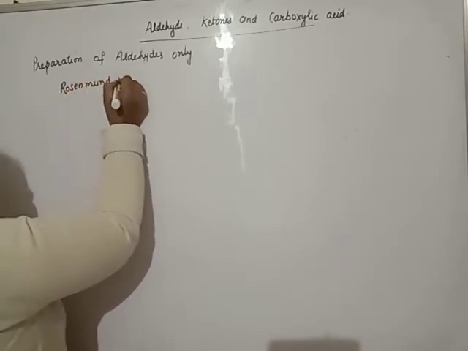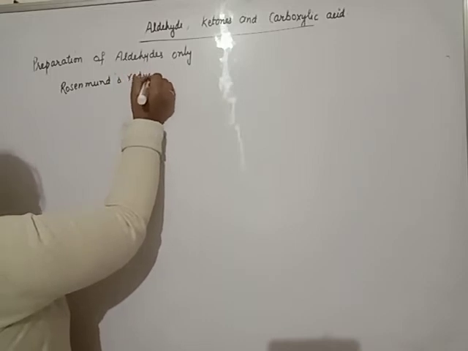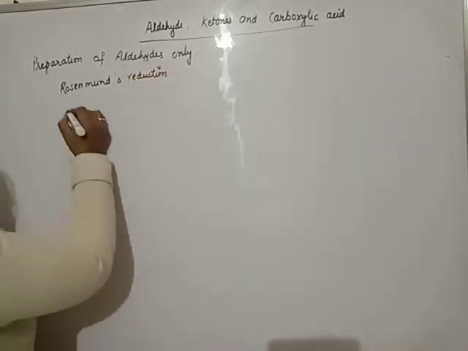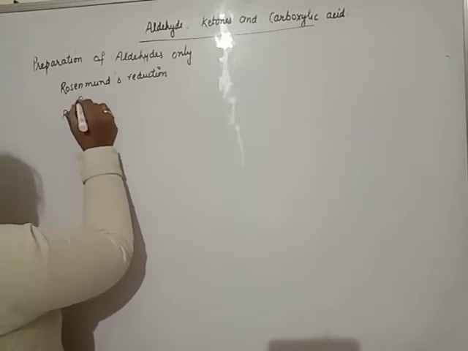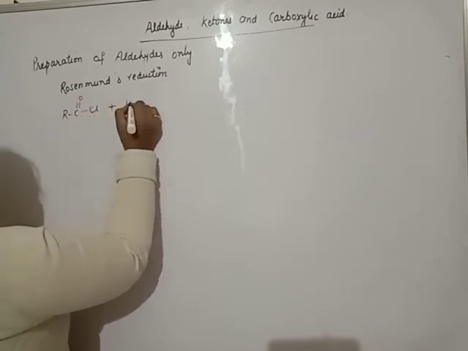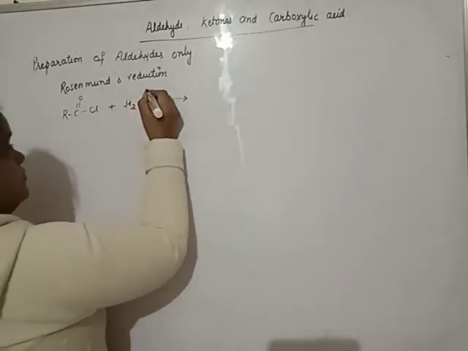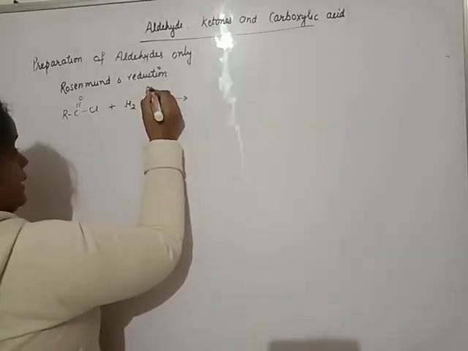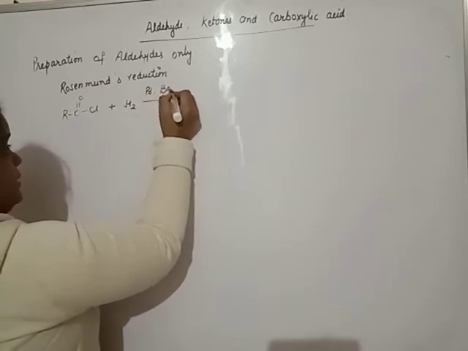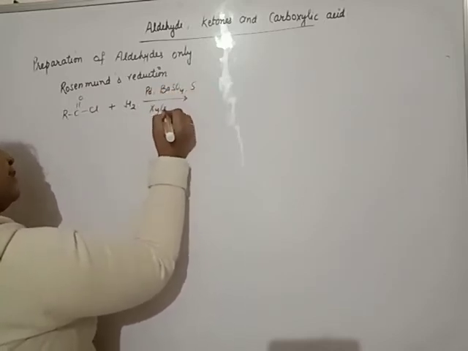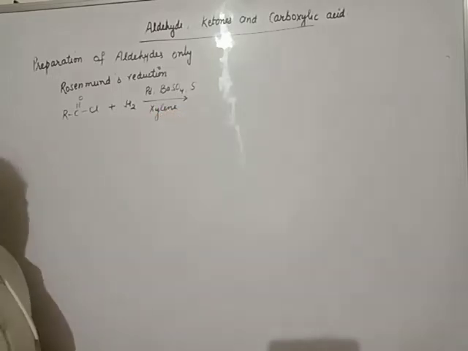Beta, it is a name reaction, important also. In this case, acid chloride is treated with hydrogen in presence of palladium, barium sulfate, poisoned by sulfur, dissolved in xylene or orthoxylene, or maybe paraquinone.